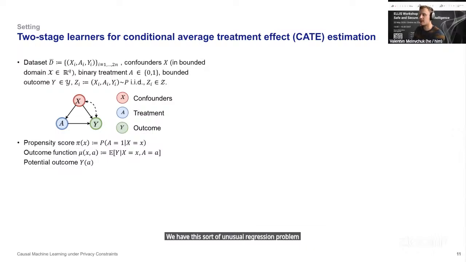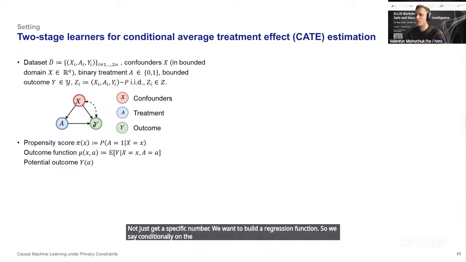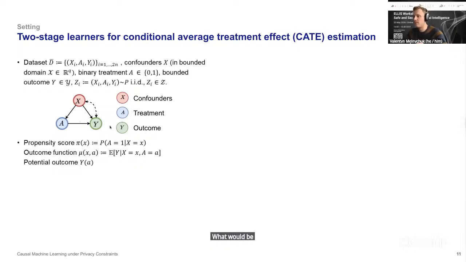We have a data set with confounders, a binary treatment, and some outcome of interest, and we want to estimate the treatment effect of A on Y. But we don't want just a specific number, we want to build a regression function: conditionally on the covariates X, what would be the effect?